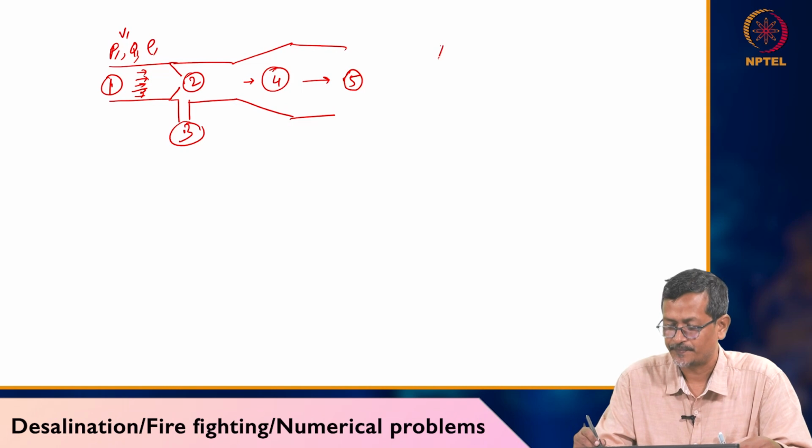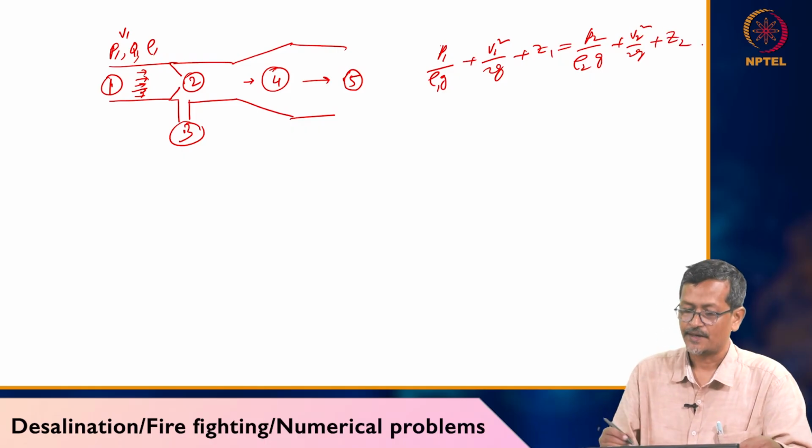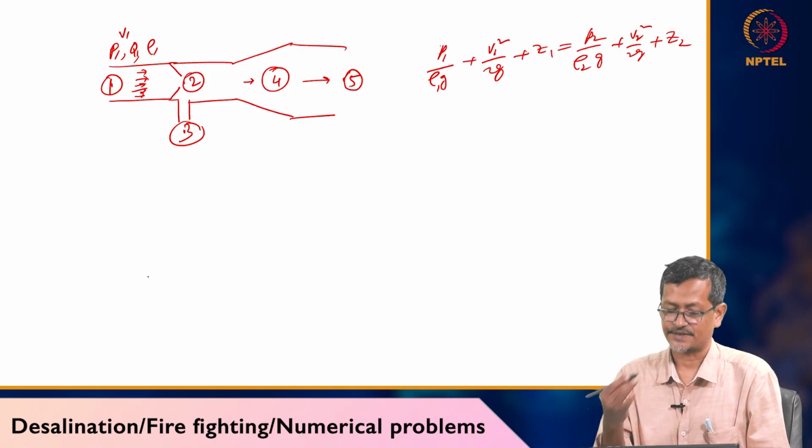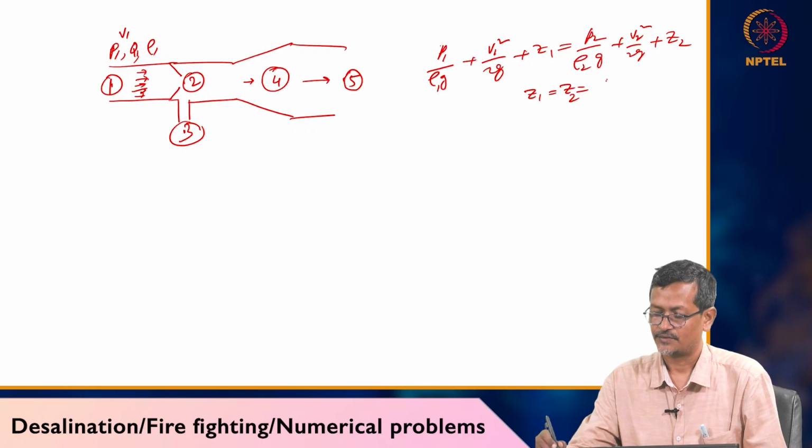At point 2, P1 by rho 1 g plus V1 square by 2g plus Z1 equals P2 by rho 2 g plus V2 square by 2g plus Z2. Let's assume the pipe is horizontal, so Z1 equals Z2, equal to 0 for a horizontal pipe.